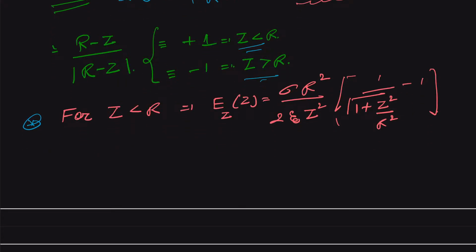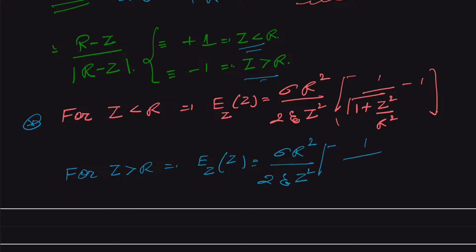And similarly, for z greater than r, E of z is equal to sigma r square upon 2 epsilon naught z square, same except with a positive sign: square root of z square upon r square, now plus 1.